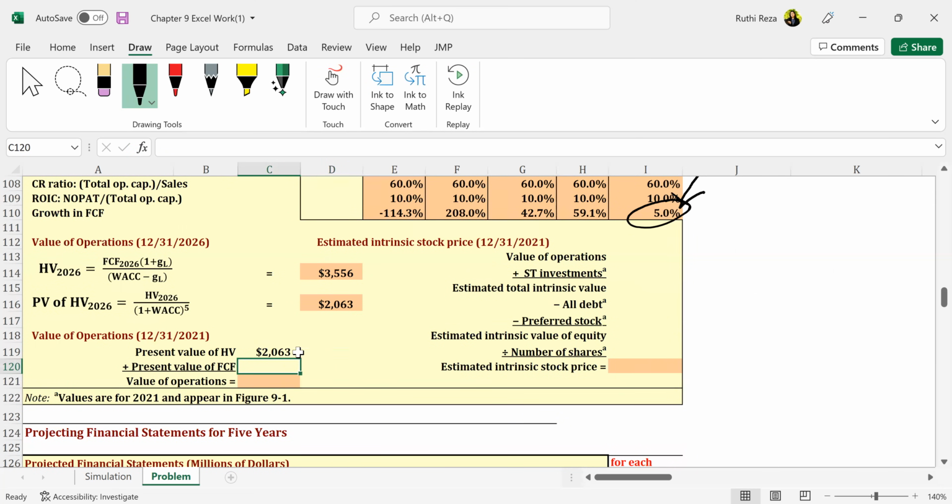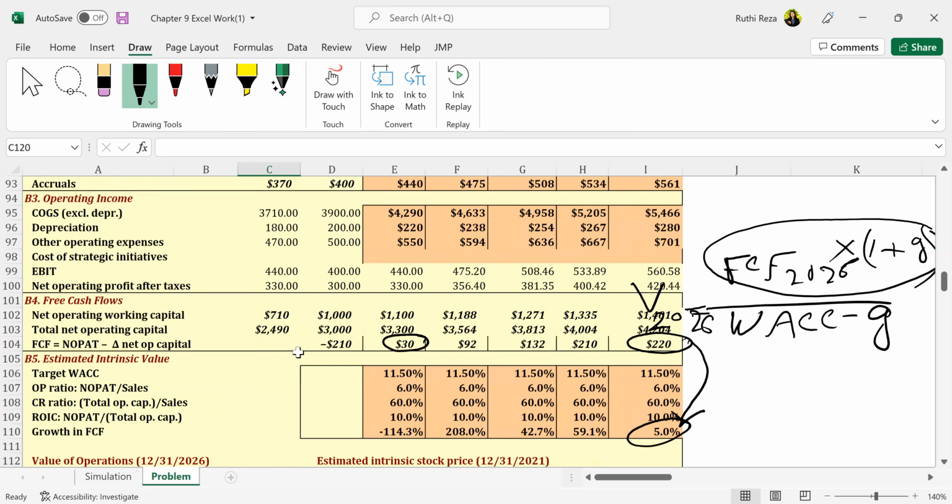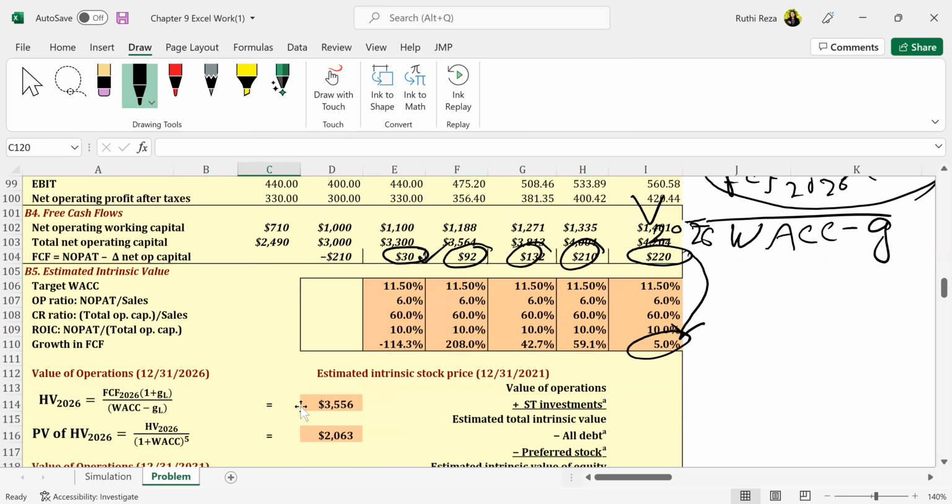And then beside our terminal value, here we have 5 other free cash flows we forecasted for the years 2022, 2023, 2024, 2025, 2026. So we need to discount all of them back to the current year. That means to the year 2021. All right. So to discount them, we are going to apply the NPV formula.